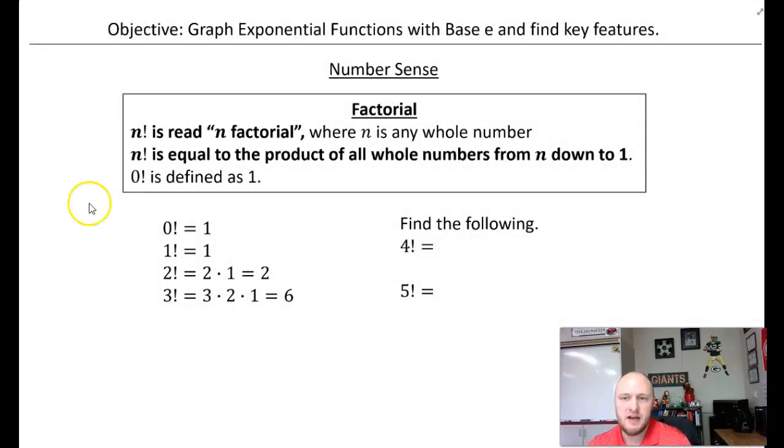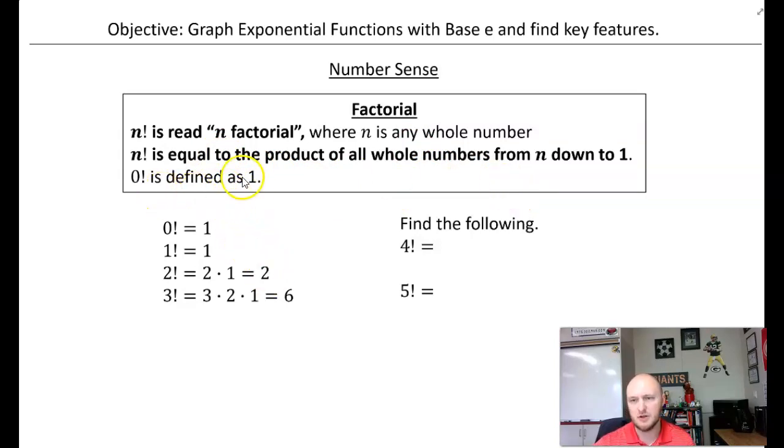Now n!, which looks like an exclamation point, is read as n factorial, where n can be any whole number. n factorial is equal to the product of all of the whole numbers from n all the way down to 1.